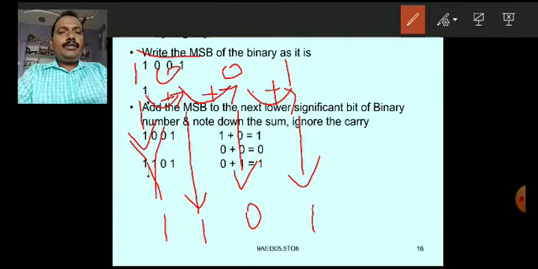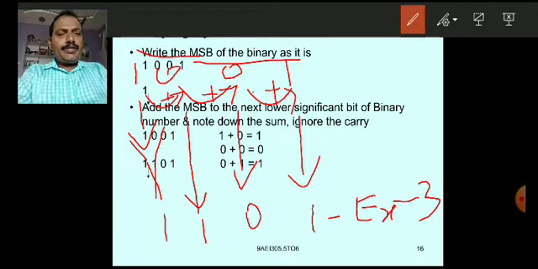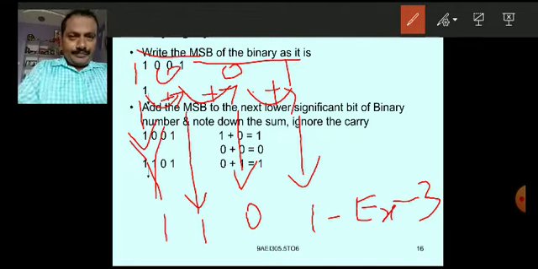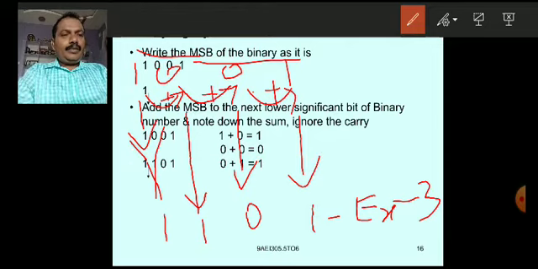This binary number 1001 is equivalent to 1101 in excess-3 code. Okay, so this is the way of converting binary to excess-3 code.